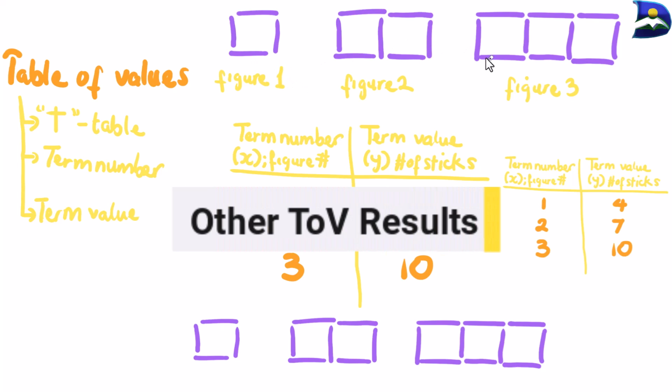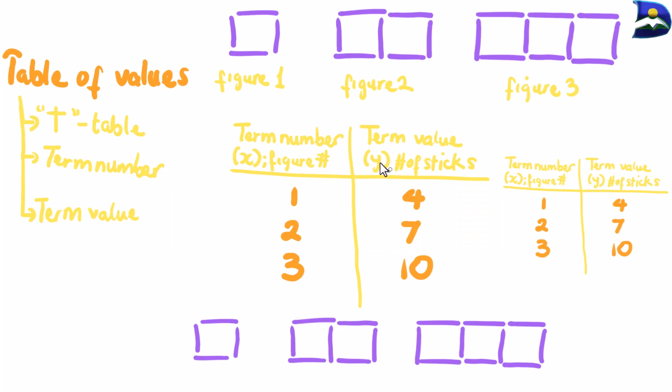However, when we change our term value representation from number of sticks to what we see directly, which is squares, if I change this here to number of squares, what is going to be the outcome? When you count the squares, we observe that there is a direct relationship between the figure number and the number of squares.